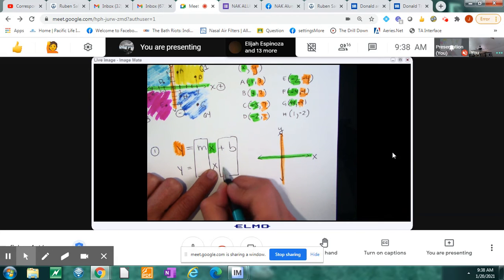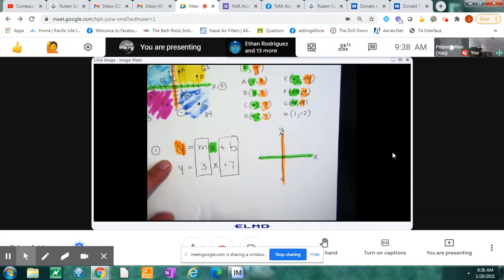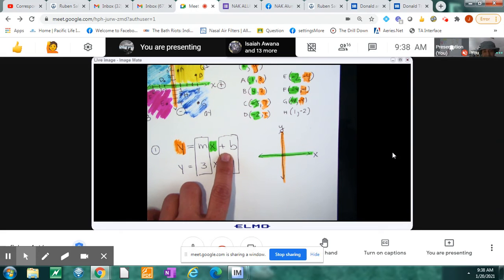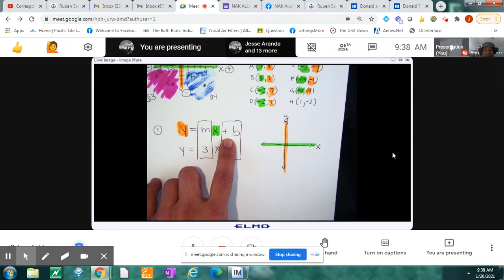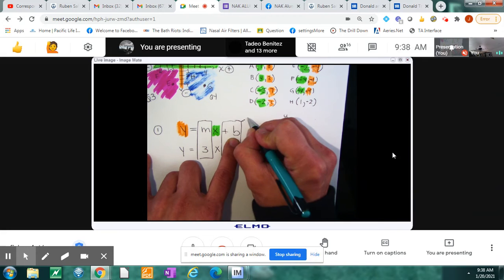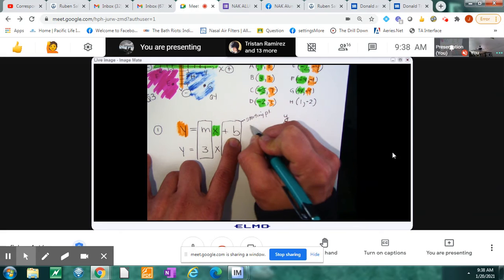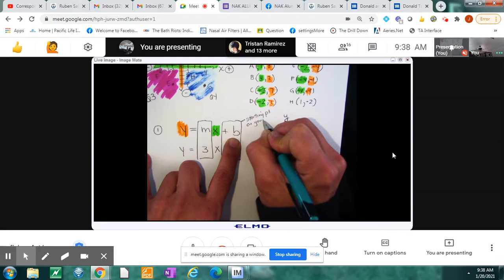So here, let's say I give you a number of 7, and I put a 3 here. Well, where do we start graphing? So what they created is this formula, this format, this equation. So this is where you start. The b is your starting point on your y-axis.